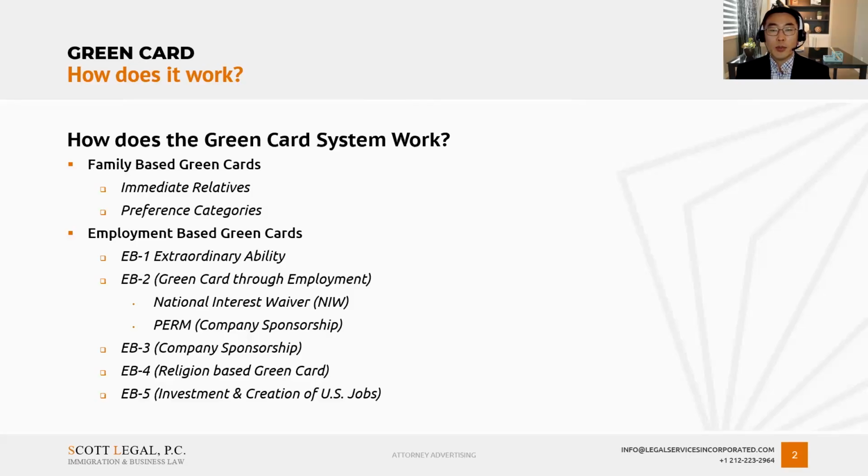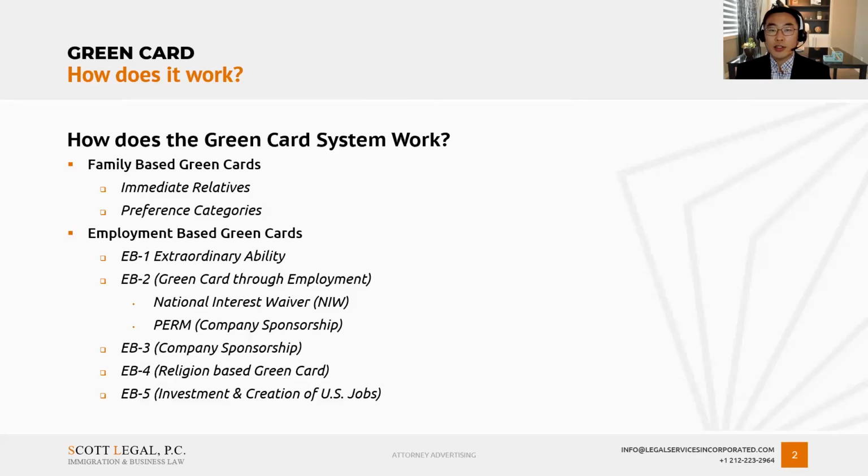Instead, there are several green card categories, and you have to simply pick and choose which one you're going to apply for based on your eligibility. So, for example, even if you live in the United States for 10 years with your TN visa or E2 visa, it does not automatically lead to a green card. So that's the system we are looking at.